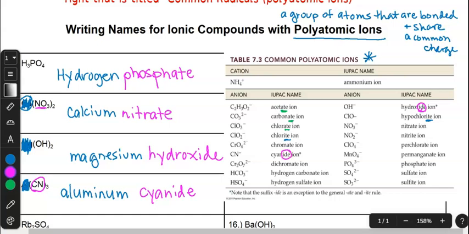You just have to remember, if you've got the name of an ion that has IDE at the end, sometimes it will be on the back. If it's hydroxide or cyanide, certainly it's a polyatomic ion. But remember, when you're just writing binary names, all of them end in IDE.